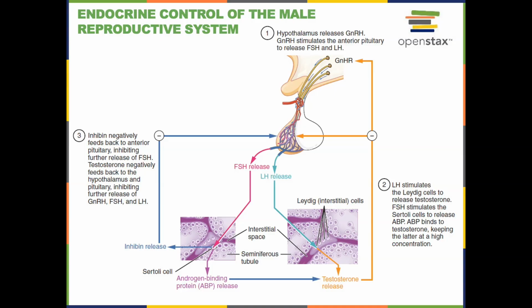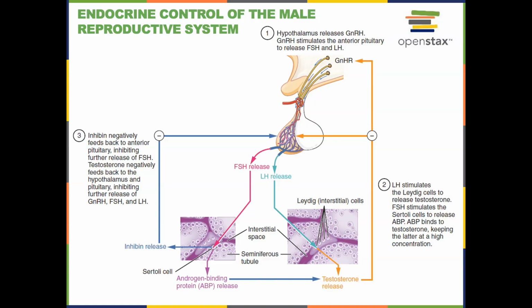Follicle stimulating hormone produced by the anterior pituitary will bind to the receptors on the Sertoli cells in the seminiferous tubules. Then the Sertoli cells will respond by producing androgen binding protein and a hormone called inhibin. Androgen binding protein functions to bind to testosterone inside of the seminiferous tubule, helping to increase the local concentration of testosterone in the seminiferous tubule, helping to promote the process of spermatogenesis.